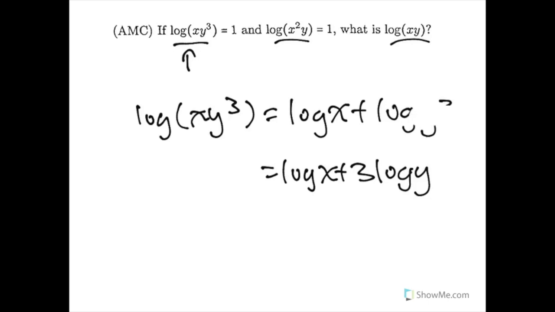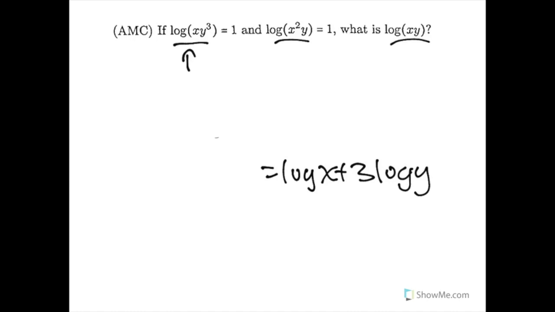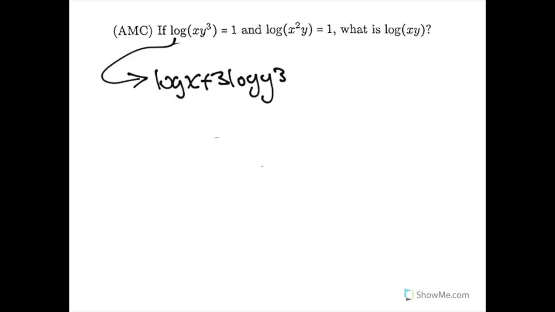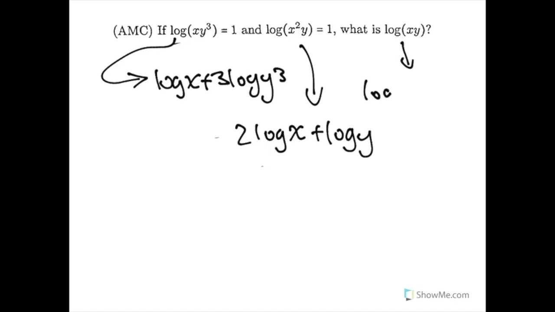Similarly, log of x squared y is equal to log of x, two of those, plus log of y. And log of xy is log of x plus log of y.